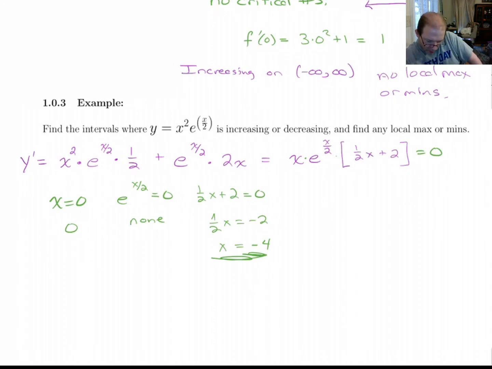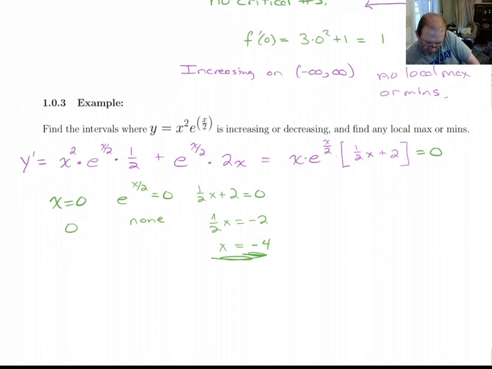Let's see. First times derivative of the second with the chain rule, plus second times derivative of the first, factored out the x, factored out e to the x over 2. Left me with a 1/2 x. Left me with a 2.